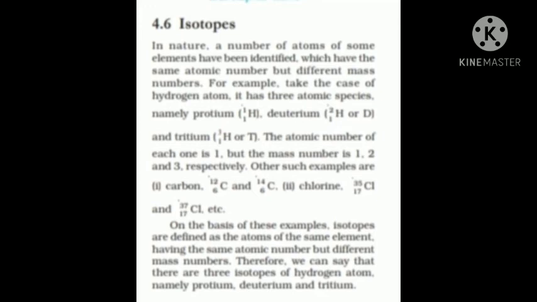On the basis of these examples, isotopes are defined as the atoms of the same element having the same atomic number but different mass numbers. Therefore, we can say that there are 3 isotopes of the hydrogen atom, namely protium, deuterium and tritium.